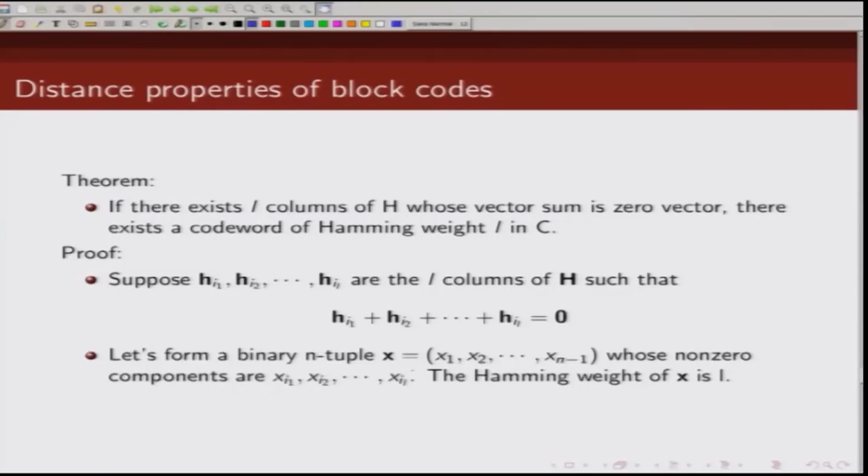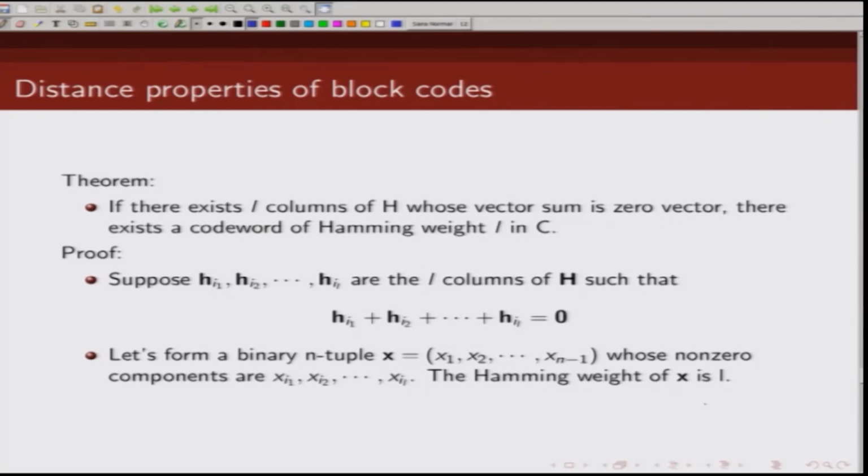Now, let us consider an n-tuple, which we denote by x, whose non-zero components are given by xi1, xi2 up to xiL. In other words, at L locations, this n-tuple is non-zero. So, the Hamming weight of x is L.